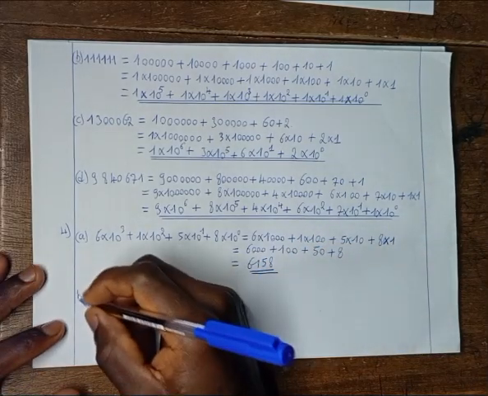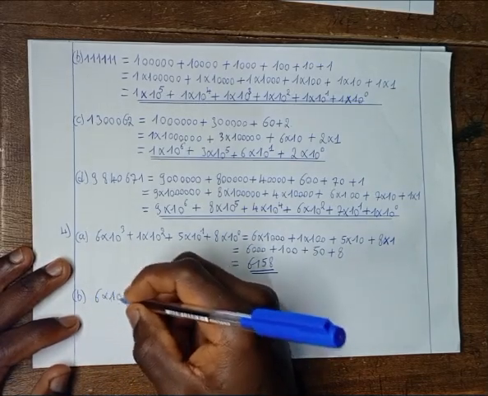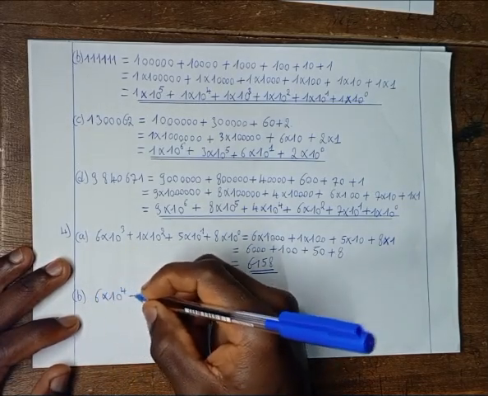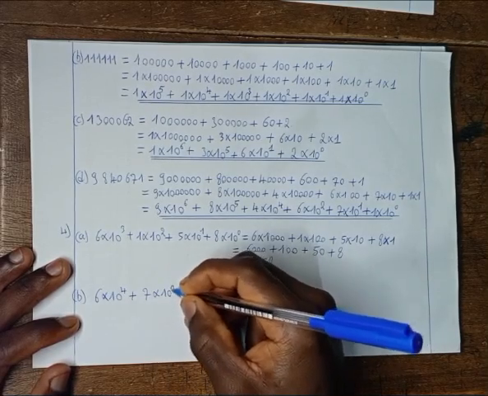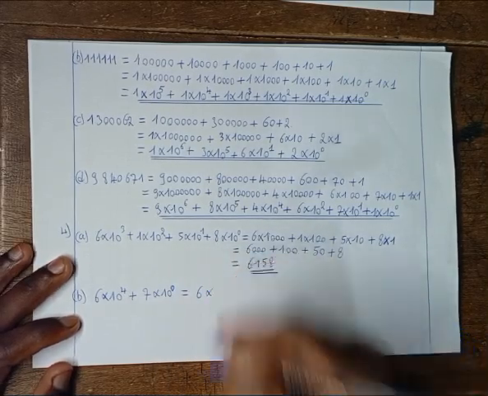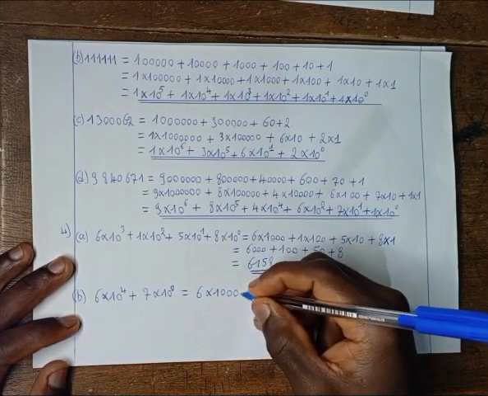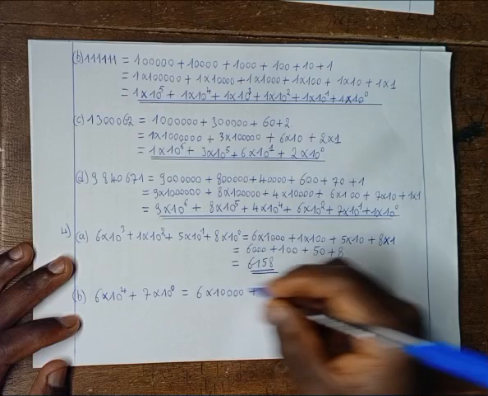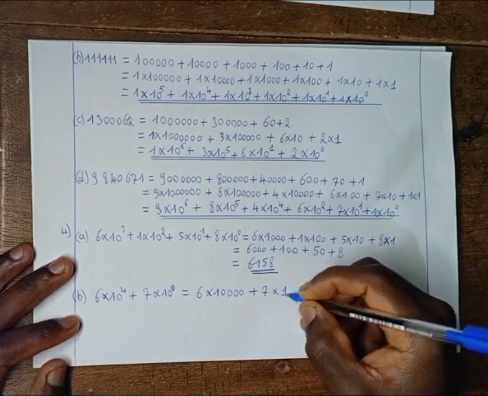Next, now we go to question B. 6 times 10 to the power 4 plus 7 times 10 to the power 0. This will simply be equal to 6 times 10 to the power 4, which is simply 1 with 4 zeros, plus 7 times 10 to the power 0, which is simply 7 times 1.